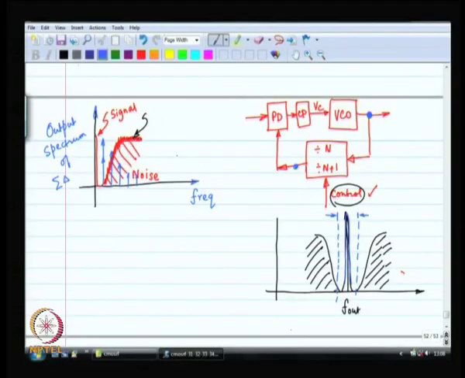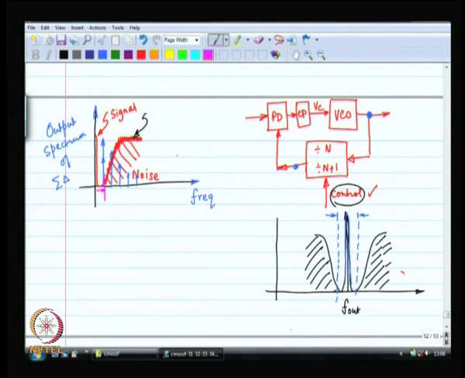So, therefore, what should be the signal to noise ratio requirements as far as your sigma delta modulator is concerned? Tougher and tougher questions, right. So, you have to make sure that you keep this region clean enough within the loop bandwidth, right.